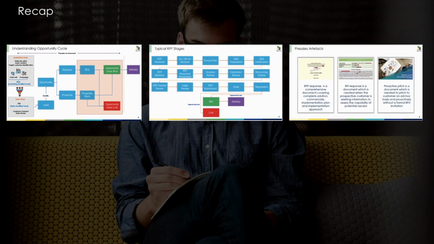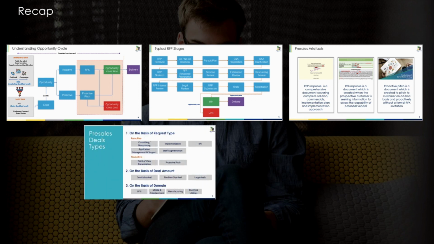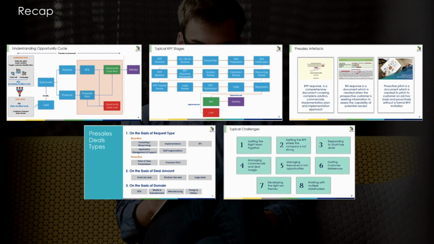Then we talked about Presales Artefacts, where we learned about RFP response, then RFI response, then proactive pitch. We saw typical pre-sales deal types on the basis of request type, on the basis of deal amount, and then on the basis of domain. And finally, we saw typical challenges that we foresee while working as a pre-sales consultant.